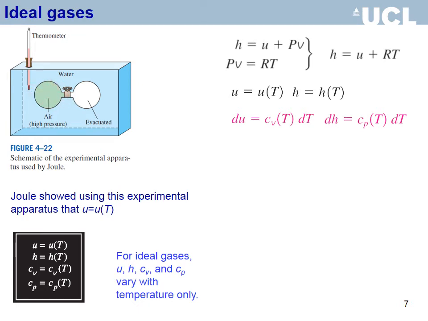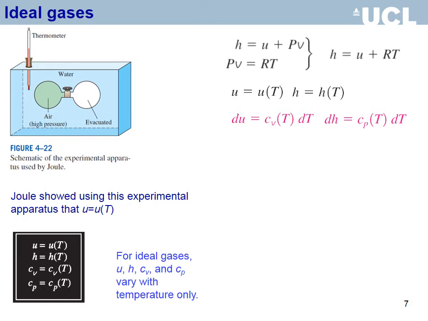Obviously, this air is undergoing a change in its property, which is volume. And because it's undergoing a change in its volume, we may expect that in the process, this air will undergo a change in temperature, a change in its internal energy.